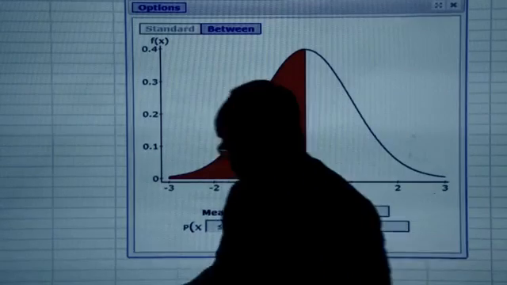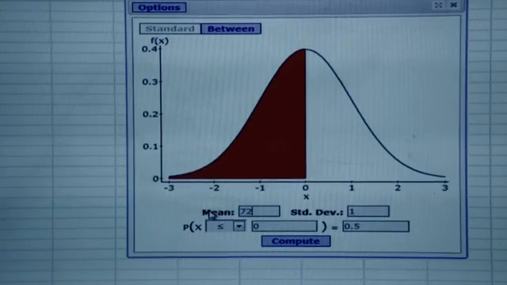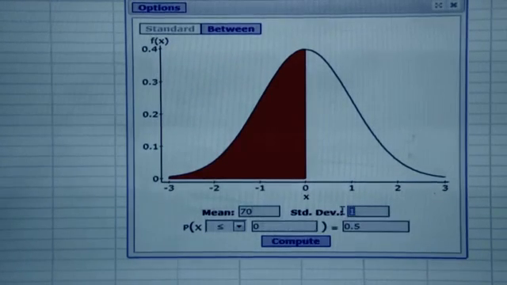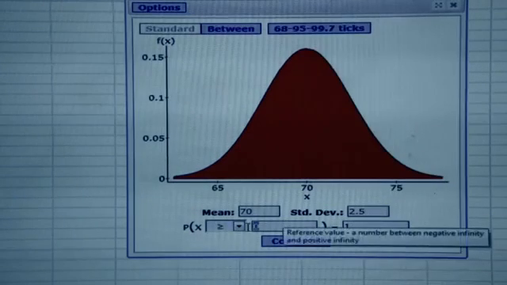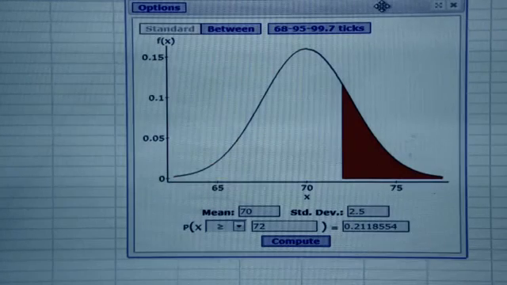We've done this before, but always good to practice. We want greater than, and greater than 6 feet is greater than 72 inches.